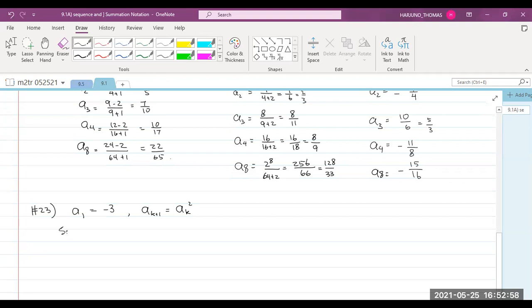Okay, solution. So the first term is given to us, that's -3. The second term is the first term squared. The third term is the second term squared.